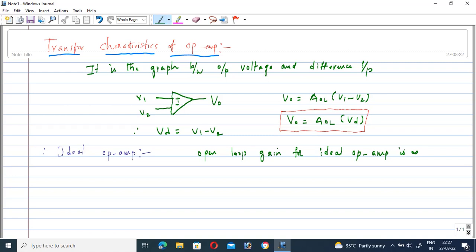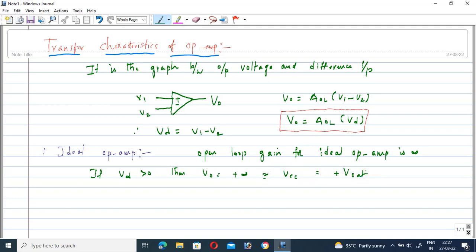It is a well-known point for everyone. Suppose the difference voltage VD is greater than zero, then V naught is equal to plus infinity, so it is approximately equal to plus VCC, that is equal to plus V saturation.